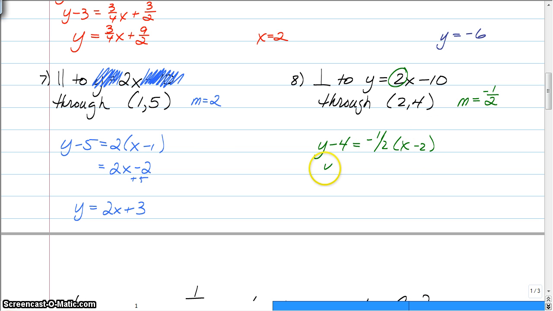Distribute. Add your 4. And you get y equals -1/2 x plus 5. And you are done.